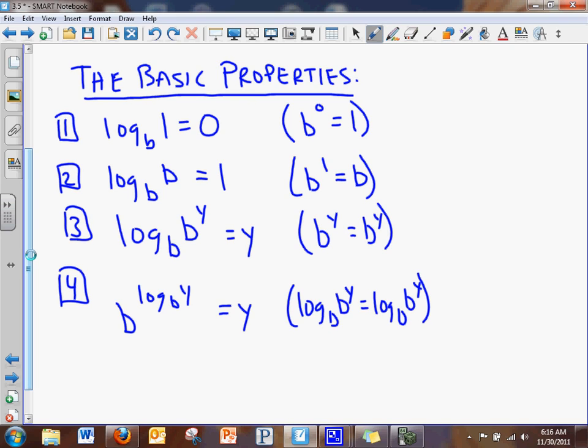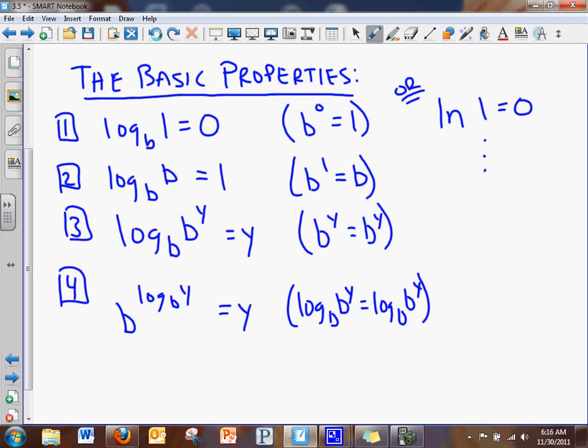My point is that this is true for any log, including natural log. So I can go through and do the same properties for natural log, without needing the base. Natural log of 1 is equal to 0, and so on. Natural log is just log with base e.